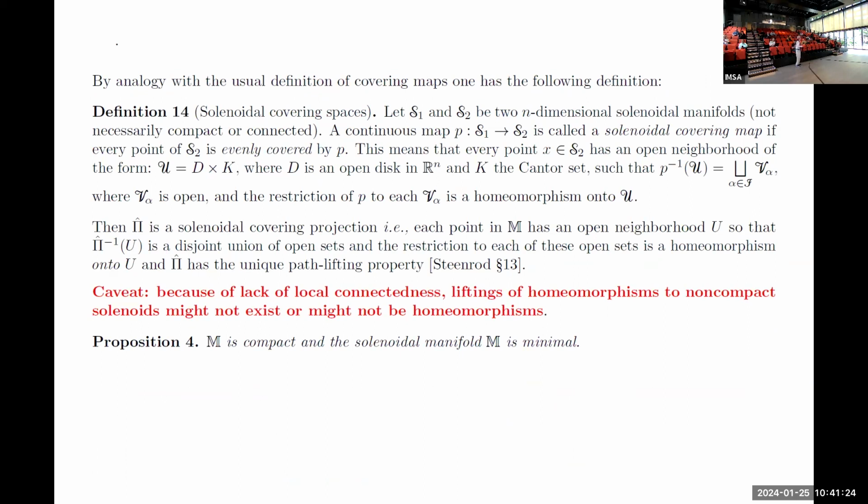Okay, so given a total model manifold, the notion of covering, you photocopy the usual definition. But now the caveat is because of the lack of a recommended list of homeomorphism, you don't call for homeomorphism by negative. But it doesn't matter, either way I think it's useful for many reasons.